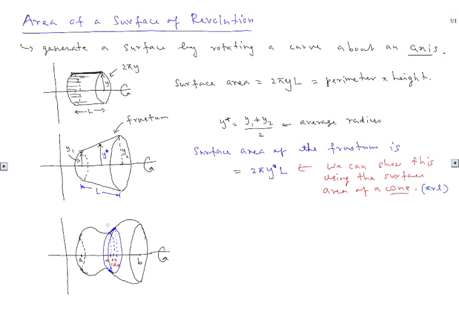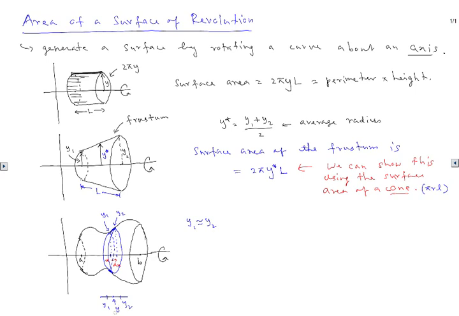I'm going to mark them y1 and y2. When y1 and y2 are very close to each other, you can see that it can be close to the general y in between those two. So this is y1, this is y2, and you can pick any y in between like that.